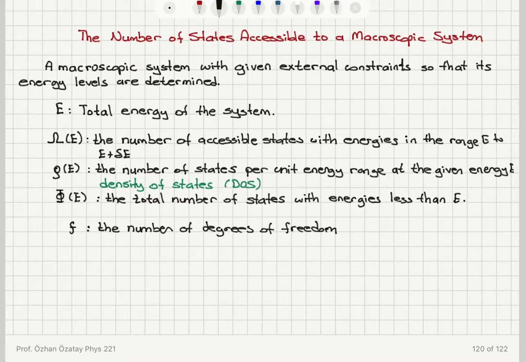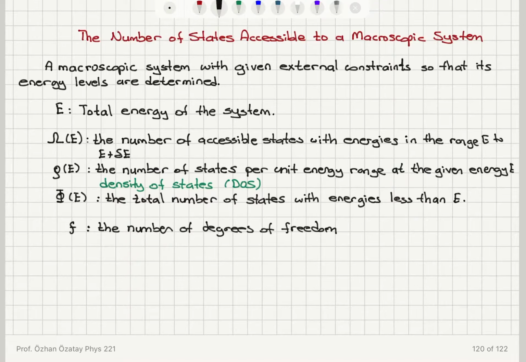For example, for a one-dimensional box with a single particle, we had one quantum number n. So the number of degrees of freedom would be 1, because you have to specify only one quantum number. For a three-dimensional box, you have to specify nx, ny, nz, three quantum numbers. F is 3. For capital N particles in a three-dimensional box, you have to specify those three values, nx, ny, nz, for all particles separately.